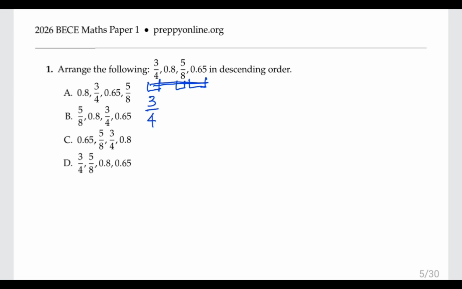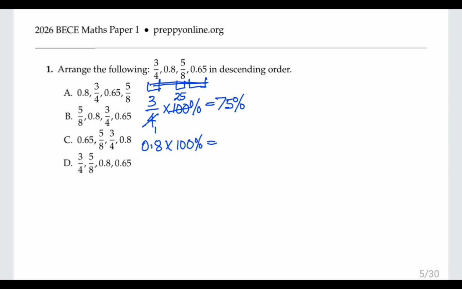So you write 3/4 as a percentage, you multiply by 100%. And then what do we get? 4 divides 100, 4 divides 25. So this is equal to 75%. What about 0.8? 0.8 can also be converted into a percentage.